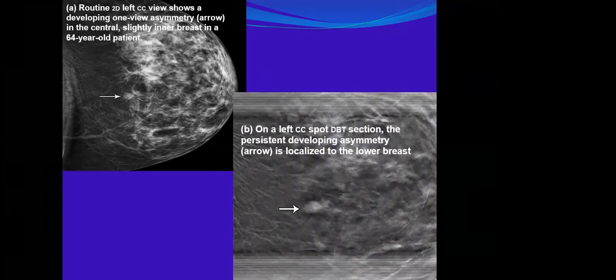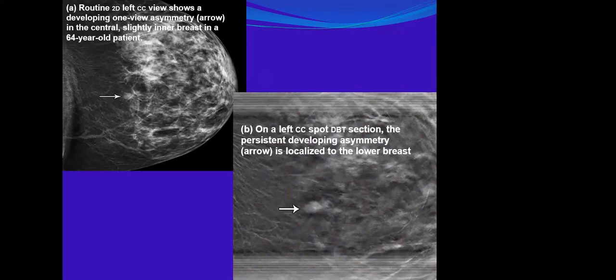ask about history of taking any hormone replacement therapy, trauma, or infection. No hormone replacement therapy, no infections. Okay, not seen on ultrasound. If it is not seen on ultrasound, I need additional helpful imaging. It is difficult on ultrasound, but we have to do ultrasound. Before ultrasound, we can do tomosynthesis. Excellent, this is tomosynthesis.